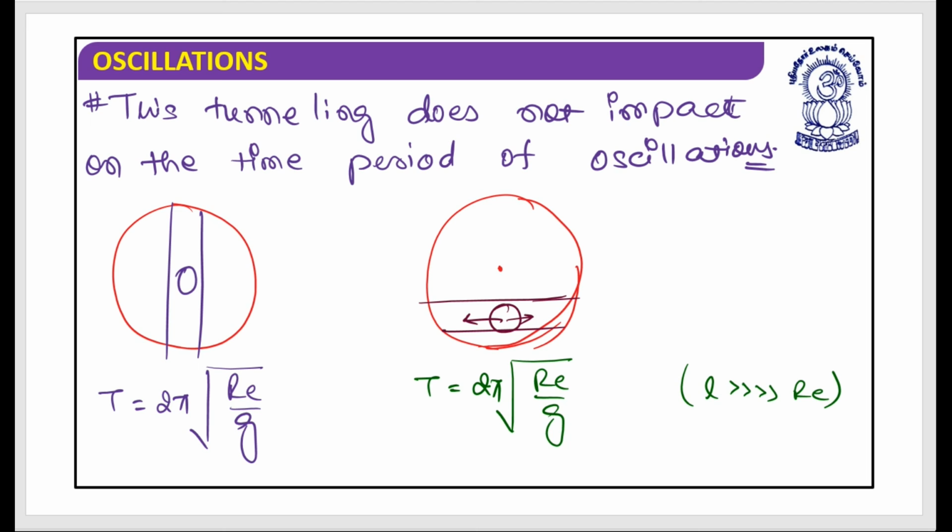I hope you understand that all of this is based on the single case that T equals 2 pi root of Re by g.